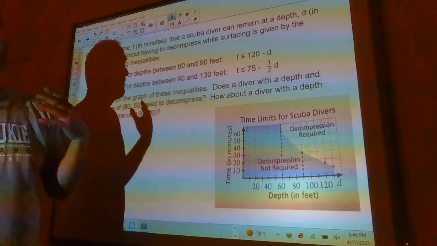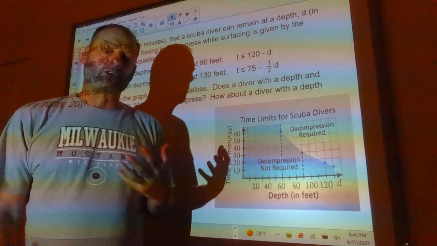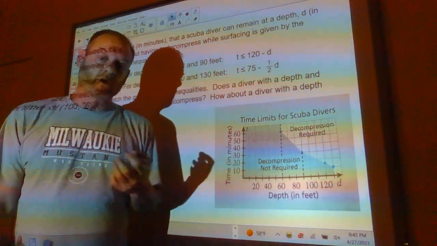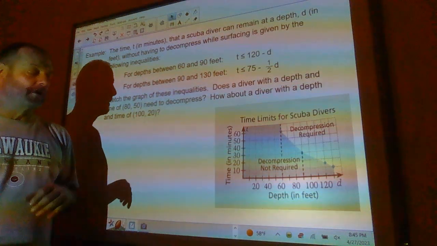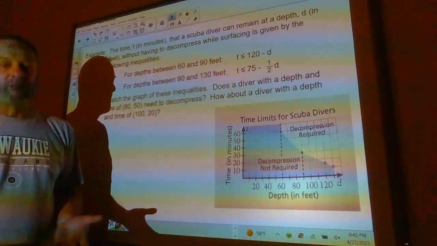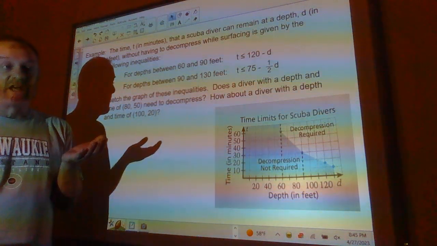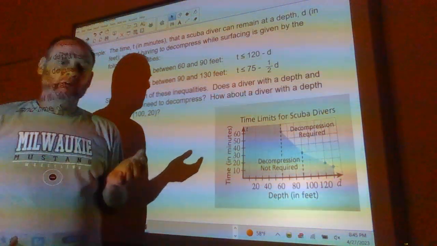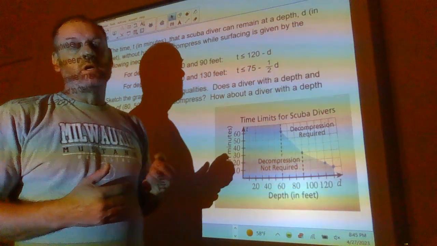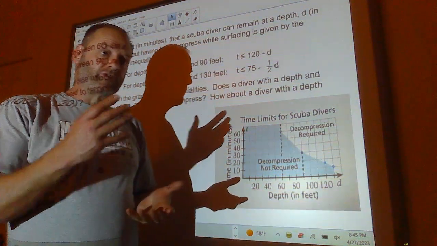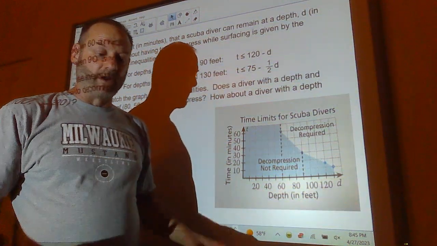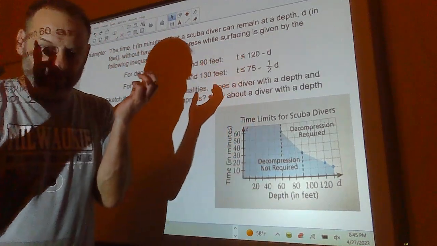So what happens is you build up air pressure in your veins and your lungs. And then if you come up out of that water, that has to come out. It's kind of like a bottle of soda, okay? When you just look at the bottle of soda before you've opened it, there's no bubbles in there. But you pop that top and all of a sudden, all those bubbles come up, okay?